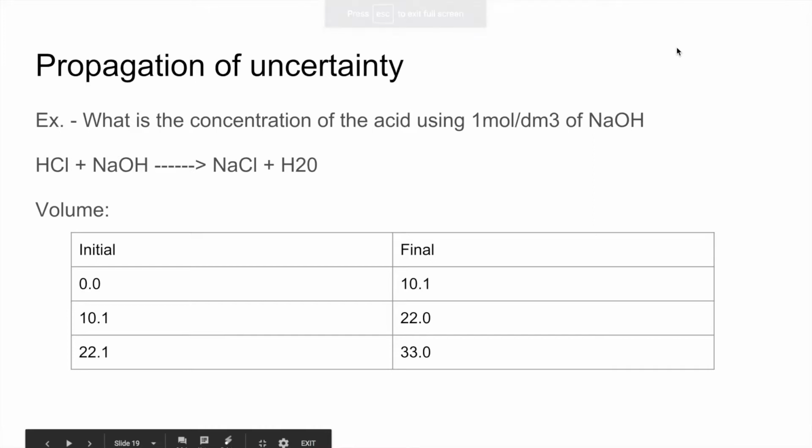Okay, so we're gonna do a titration experiment next week. Remember, the concept of titration is you have a known concentration of your base. After titrating, you can calculate for the volume.